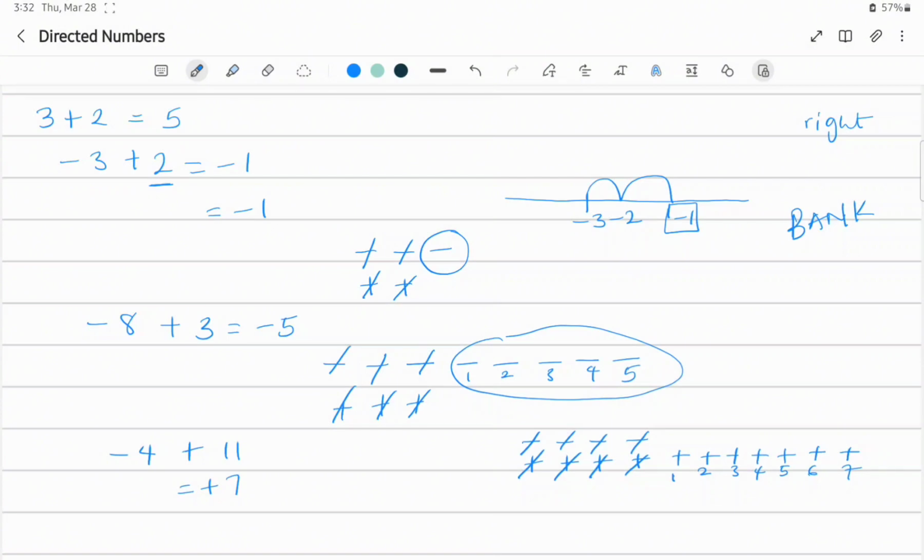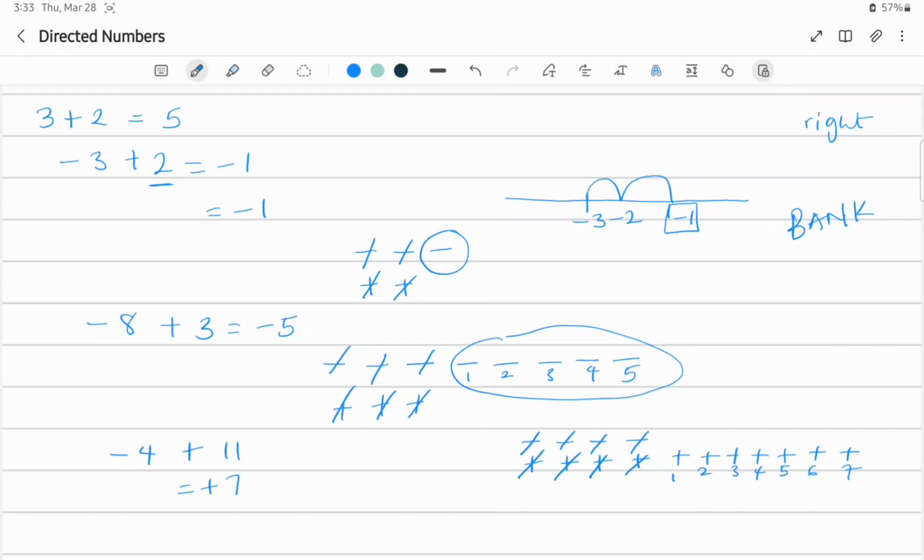In the second example, we have -8, which means you went to the bank to borrow 8 naira, and we have +3, which means you went to deposit 3 naira. So when the bank removes what you have as a loan, what you have as a debit, you'll be left with just a 5 naira loan.